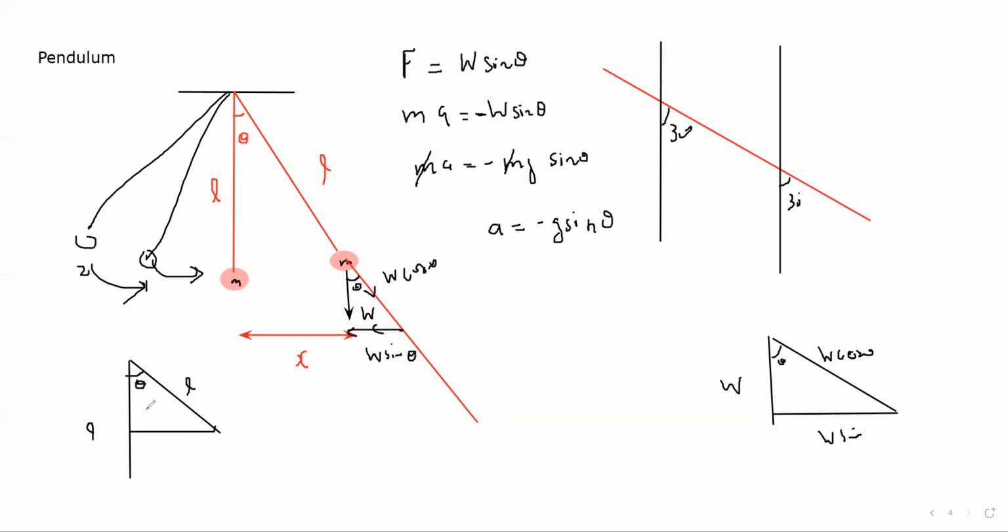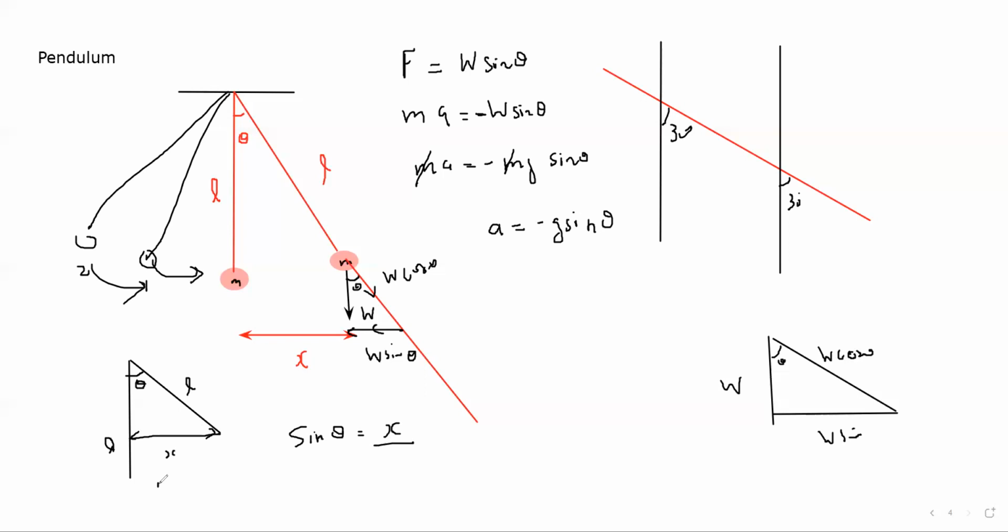This total is L. Maybe it does not appear with the figure, but these two are L, and the displacement from the mean position is X. So according to the right angle triangle, if I apply sin theta, sin theta is perpendicular divided by hypotenuse.